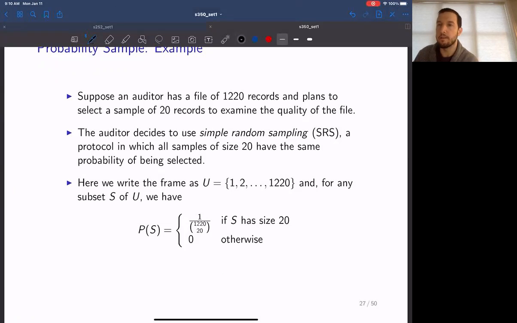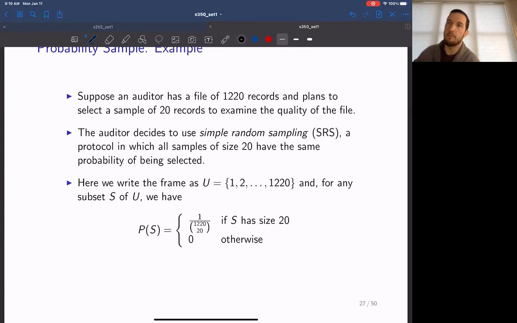But effectively, the idea here is that we're going to attach the same probability of being selected to each observation. And as a result, we can say that the probability of observing a sample of size 20 from this particular sample frame is going to be 1 over 1,220 choose 20. And we'll come back to define these probabilities later on as well, and talk about selection probability for each sample and each individual unit.